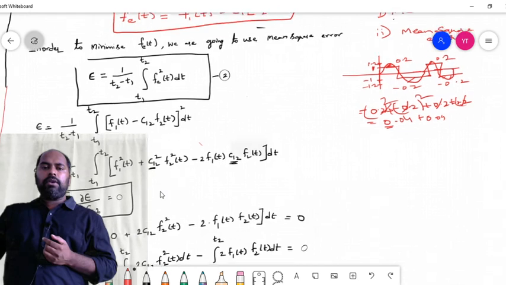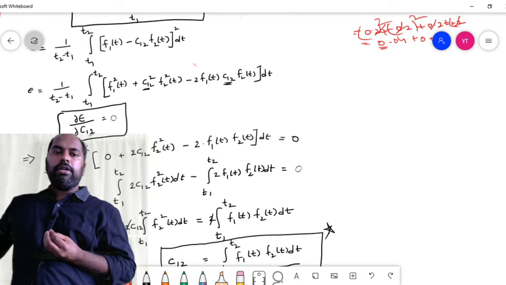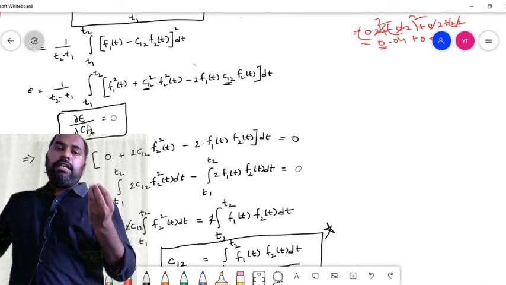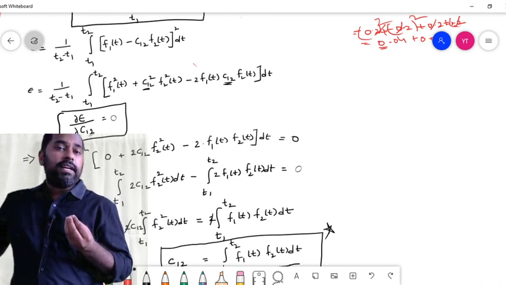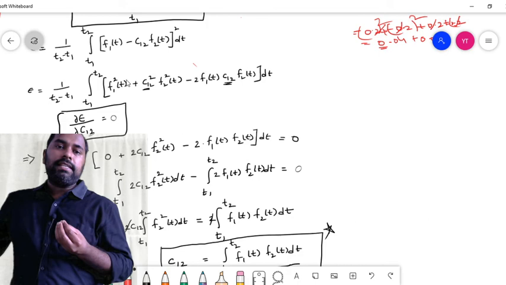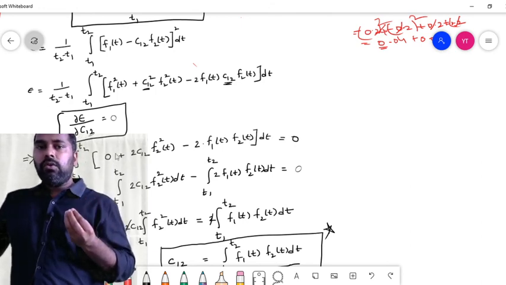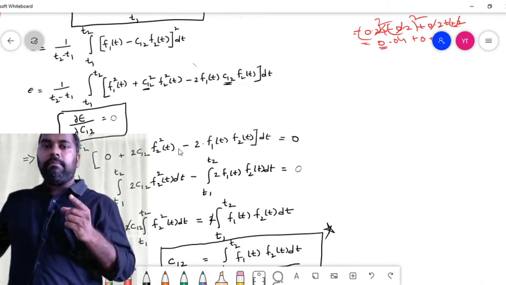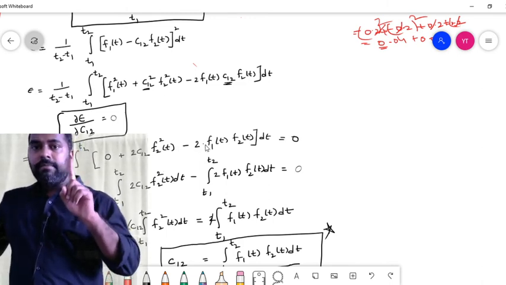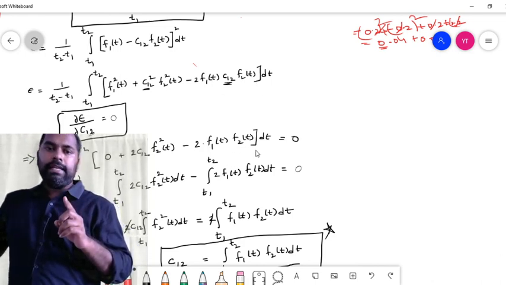So 1 by t2 minus t1 integral over t1 to t2. Now d by dx of a constant is 0. Here I am differentiating with respect to C12, but I don't have any C12 variable in the first term, so it is a constant and its derivative is 0. d by dx of x square is 2x, so 2 into c12 f2 square of t, minus 2 into d by dx of x, which is 1, so 2 into f1 of t into f2 of t dt equal to 0.